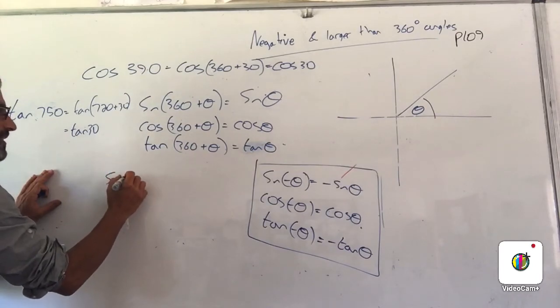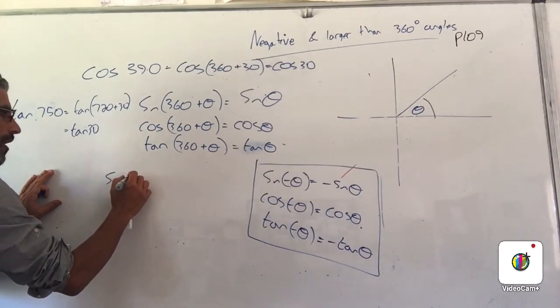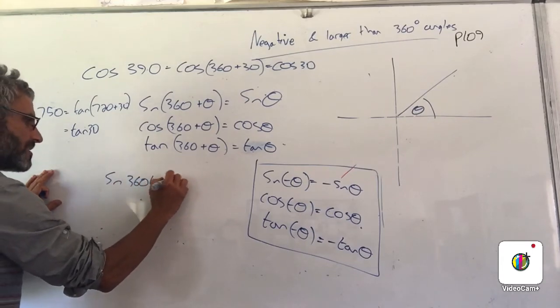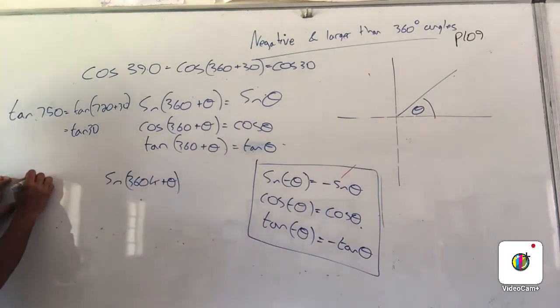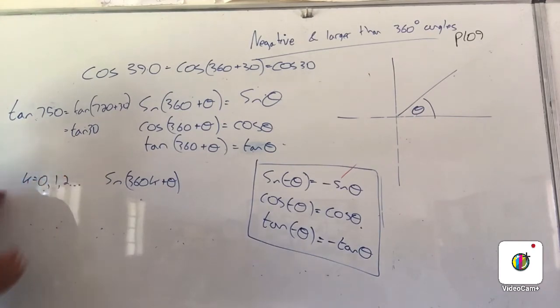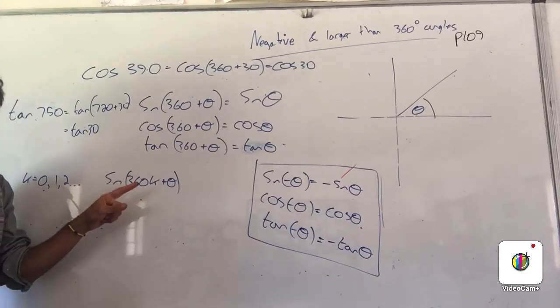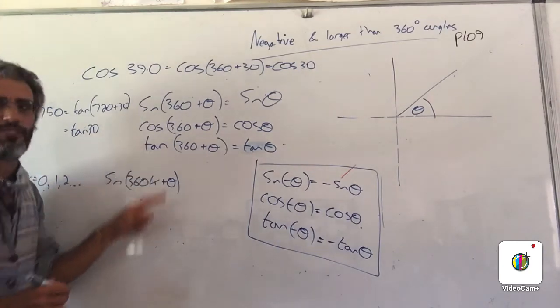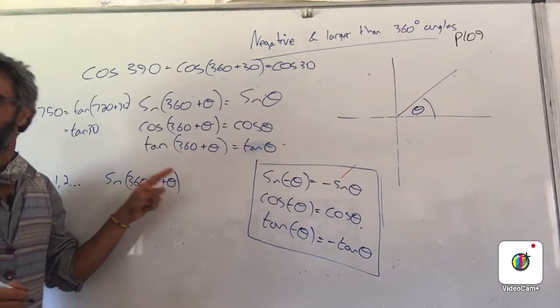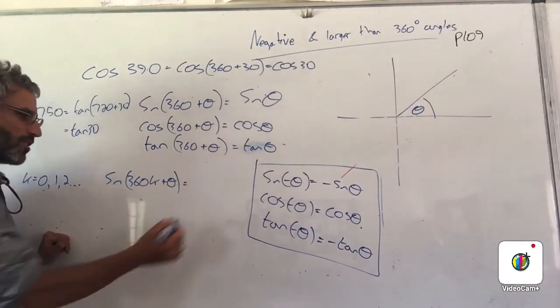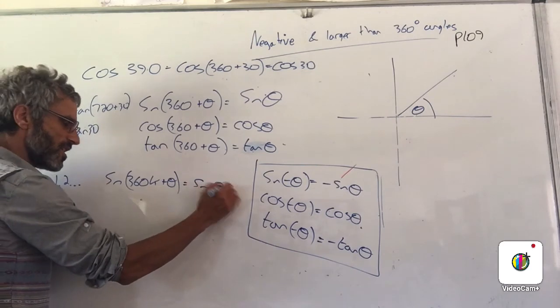If I have sine of 360k plus theta, where k equals 0, 1, 2, 3, whatever, I can go 360, add 360, or I can add 720, or whatever is the next one. The answer is always going to be the same. Sine theta.